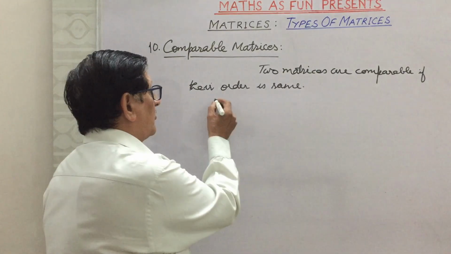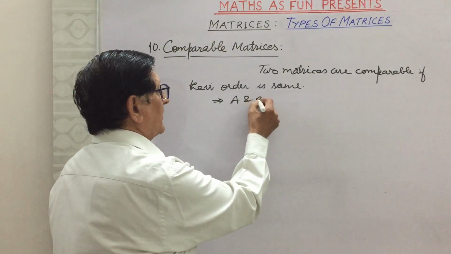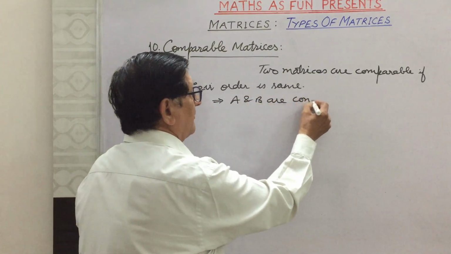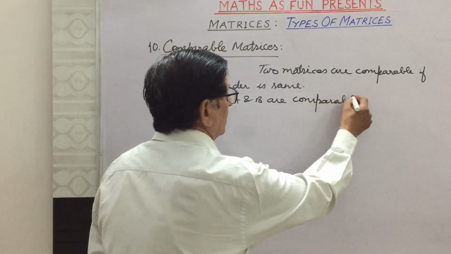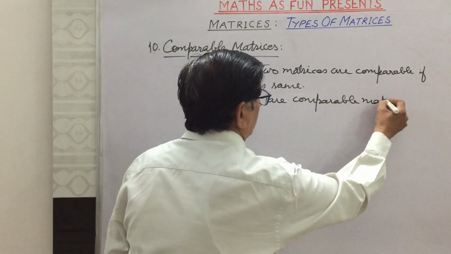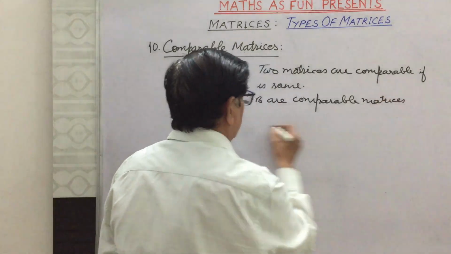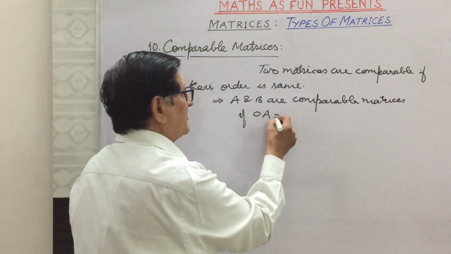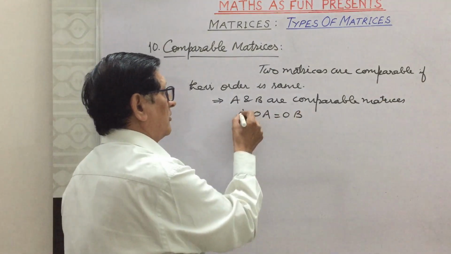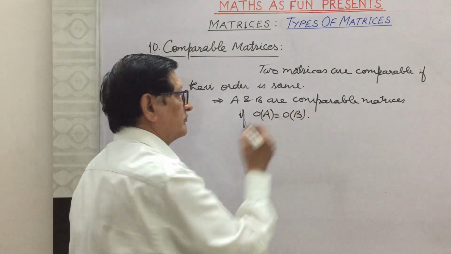It means A and B are comparable matrices if order of A is equal to order of B.